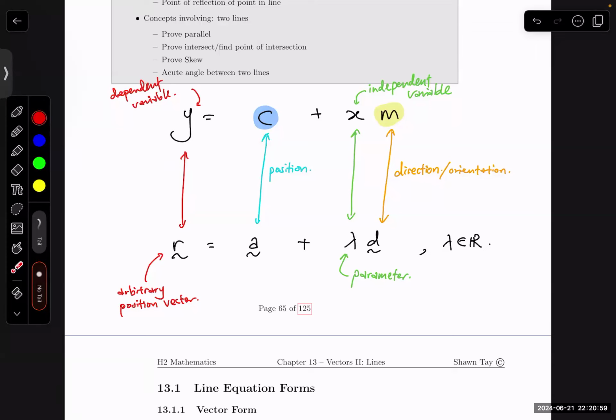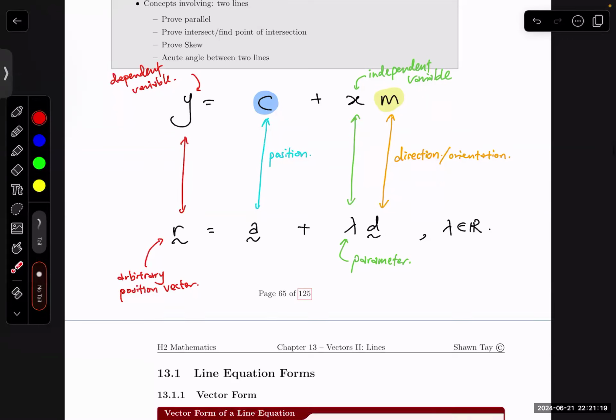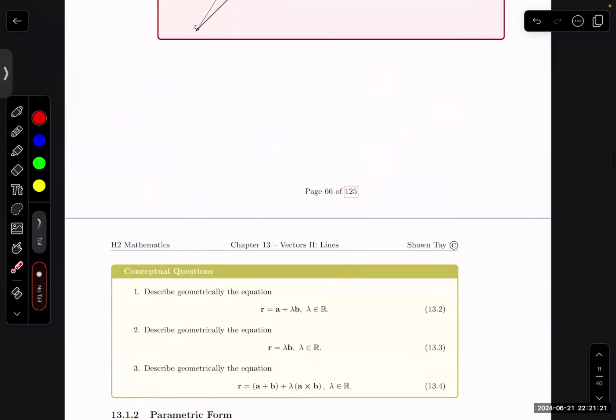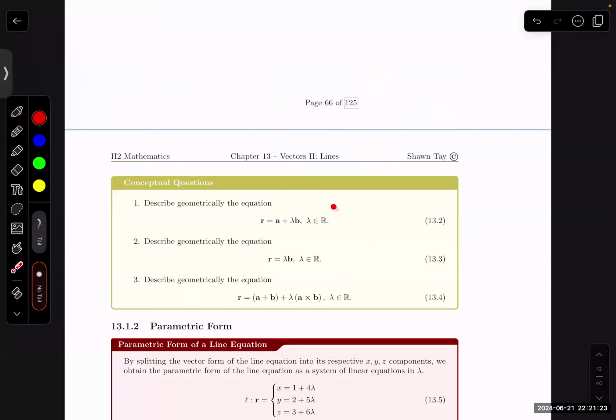Okay, so we need to be very, very precise here, because it's okay if you don't trust me on this. This is pretty new. If you look in your ten-year series, I think one of the papers in recent years tested something like this on conceptual understanding. The questions look exactly like the ones in this yellow box. I think they tested just the simple one, but just in case, I also included some extra ones.